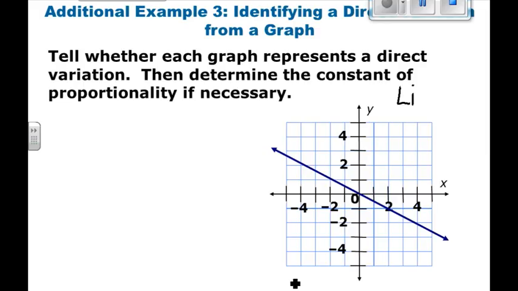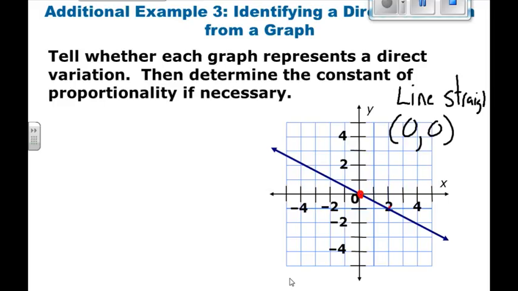The first thing is it has to be a straight line, and the second thing is that it has to go through the origin. Both of those things have to happen in order for it to be proportional or a direct variation. If it's only a straight line but doesn't go through the origin, it is not a direct variation. Or if it goes through the origin but is not a straight line, it's not a direct variation.